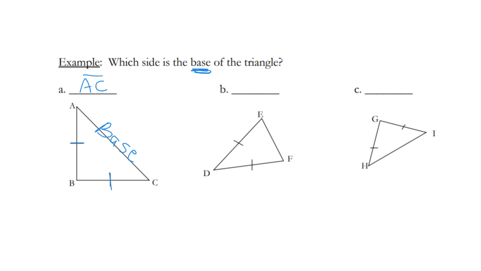What's the base, for example, B? Well, if this side is congruent to this side, the base is segment EF. And again, if this and this are congruent, what is the base? Segment HI. So be careful with the base.